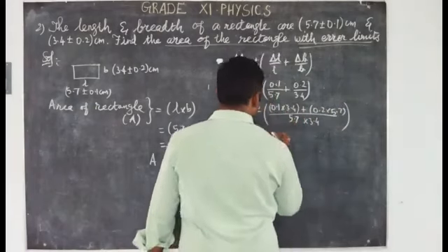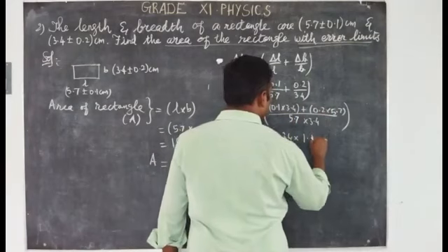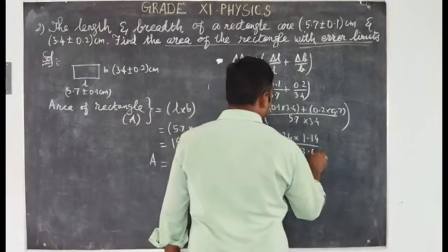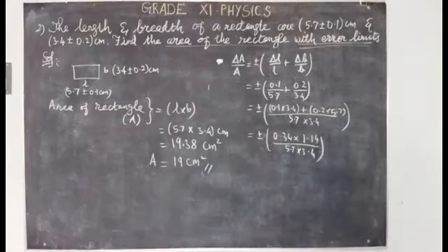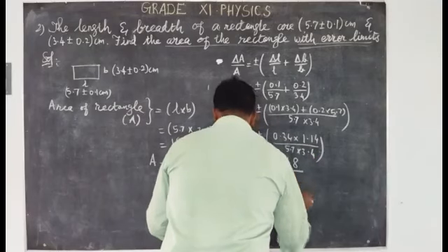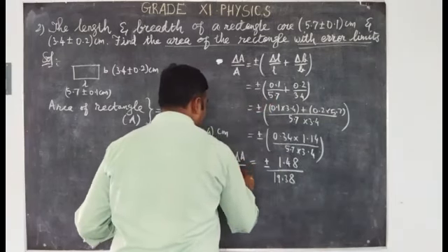Then 1.14 plus 0.34 divided by 5.7 into 3.4, which is equal to plus or minus 1.48 divided by 19.38. So this is delta A by A.